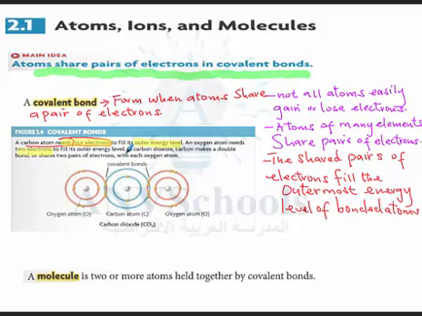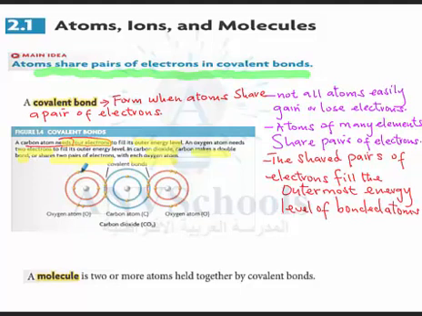In carbon dioxide, carbon makes a double bond, or shares 2 pairs of electrons, with each oxygen atom. Here we have an oxygen atom. Oxygen has 1, 2, 3, 4, 5, 6.